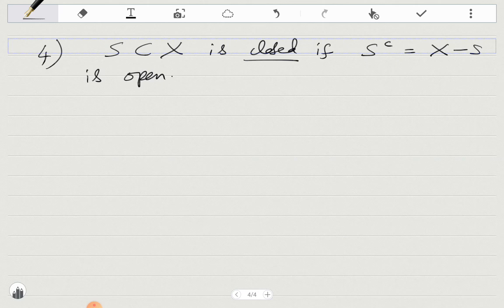Now there's another way of formulating the condition of being closed. For that, let's define what an accumulation point of a set is.